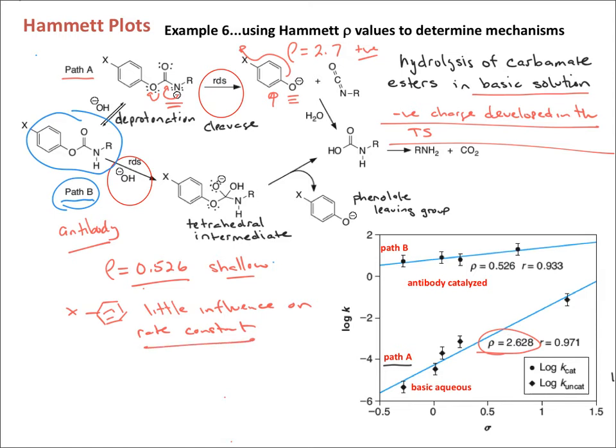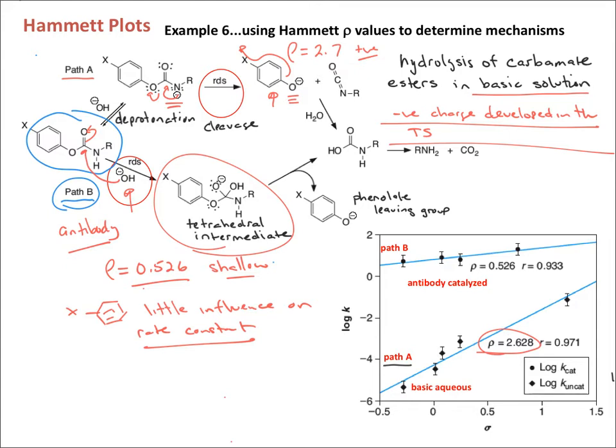And so we need to think about another mechanism that might be consistent with the Hammett plot result. And so this is shown in path B, where instead of hydroxide acting as a base in the first step of the reaction, in this case hydroxide acts as a nucleophile, and it reacts with the electrophilic center of the carbonyl to give us a tetrahedral intermediate.